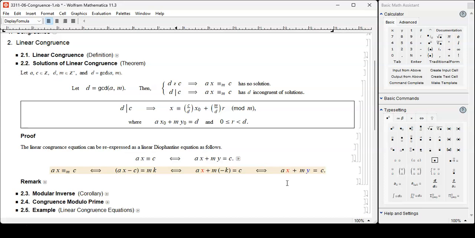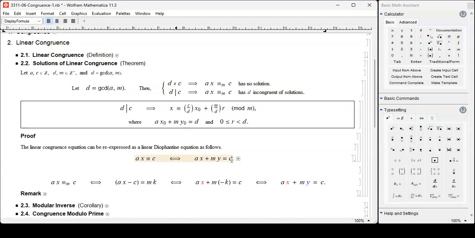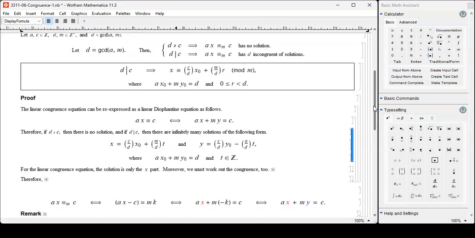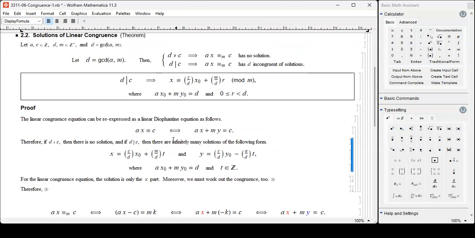Look at this linear Diophantine equation. That's what we're going to study from this point on, all right? And from what we did in lesson 3, we can write the solution like this. First, find the linear combination expression for the GCD.